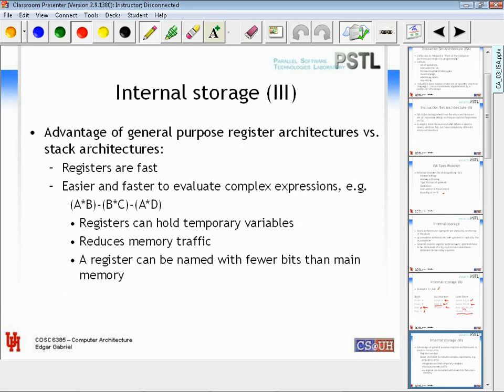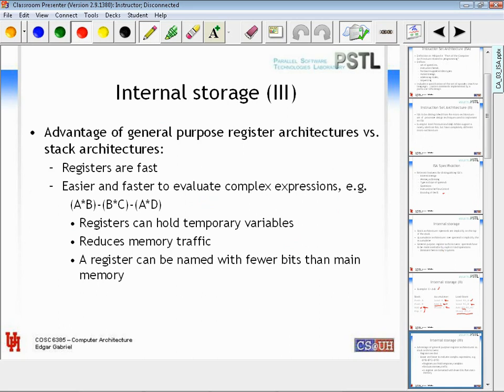So what are the reasons that in the end general purpose register architectures have prevailed and have won? Well, first of all, registers are very fast to use. You do not have the complexity of having to maintain a stack.